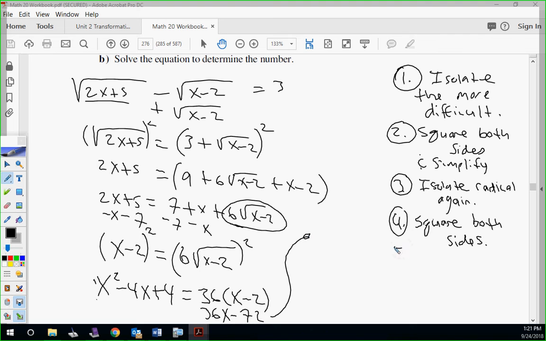Last step, the only last step you have to write: set equal to 0 and solve. 36 times 2, have to distribute. Okay, so now minus the 36x, add the 72.